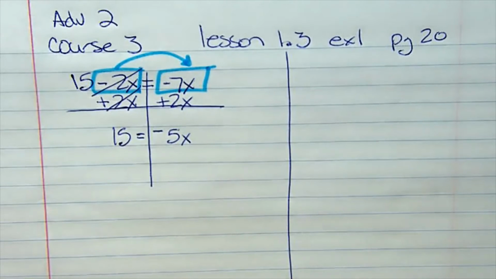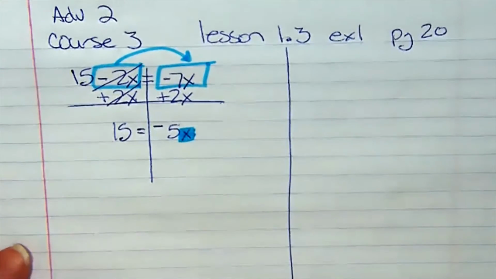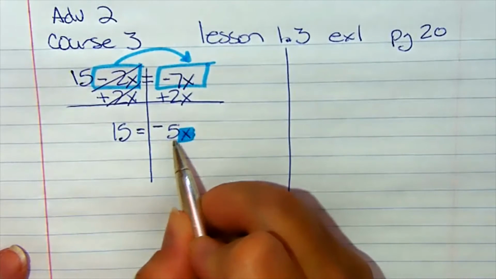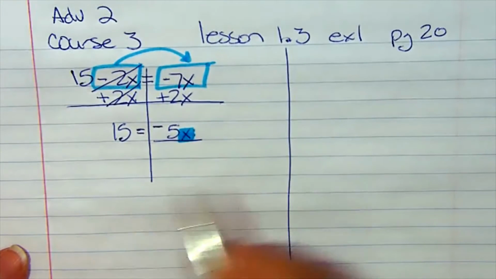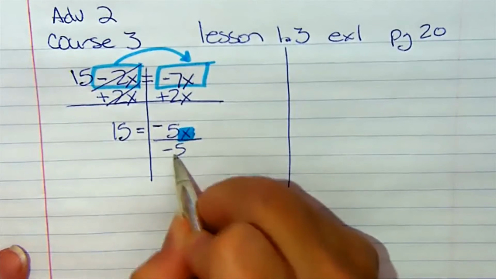Okay, now this should look like a problem you already know how to do. We need to isolate that variable. So we need to undo this times negative 5. So to undo times negative 5, we're going to divide by negative 5.